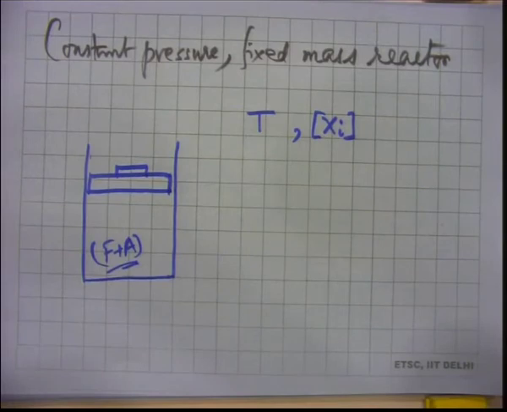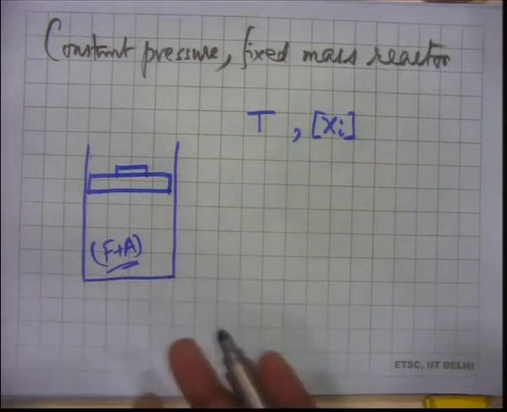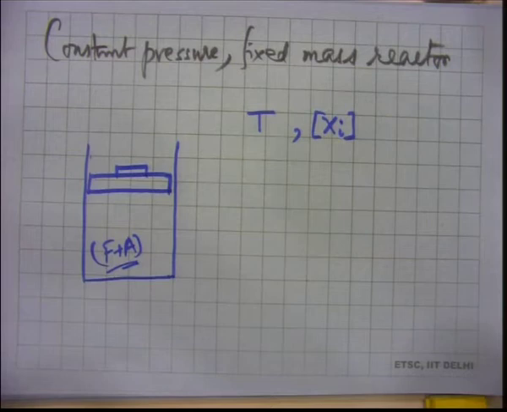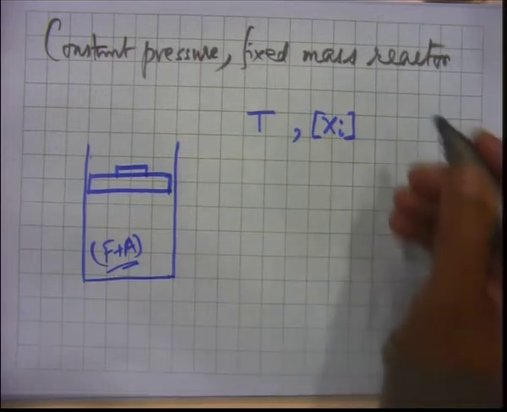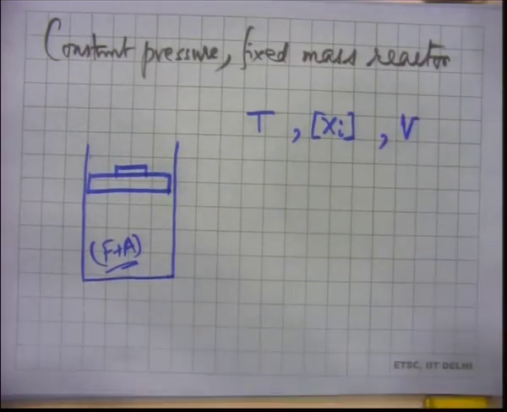What are the species? Well, it will have a fuel species, it will have oxidizer, it will have some products, right. All these species concentrations we are interested in, and we are also interested in volume. We are not really interested in pressure, but pressure is something which is known for us. So, we have the value.